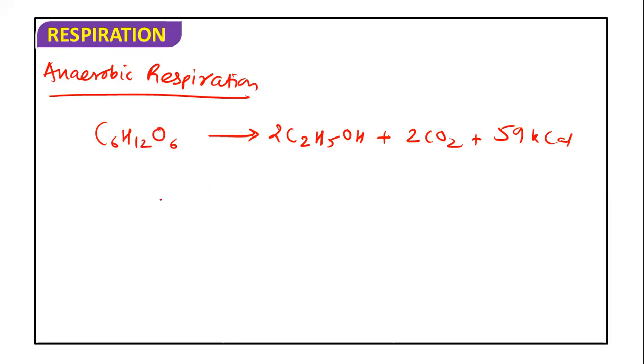Now here, RQ is going to be 2CO2 upon 0 O2. So if there is 0 oxygen, then the RQ is going to be infinite. So for anaerobic respiration, RQ is infinite. This is what we can say about the respiratory quotient.